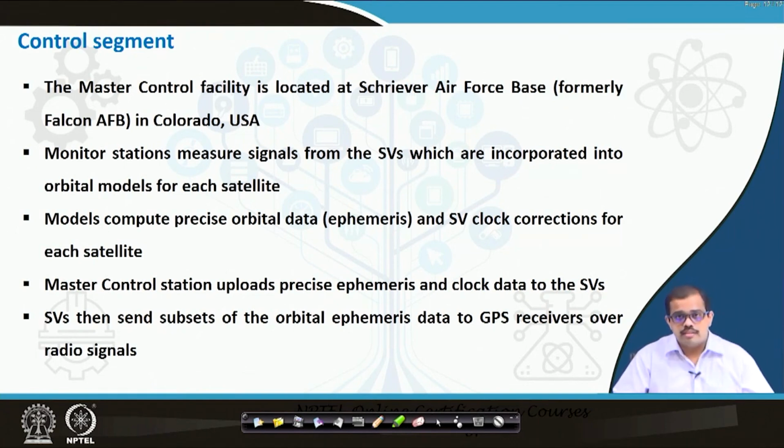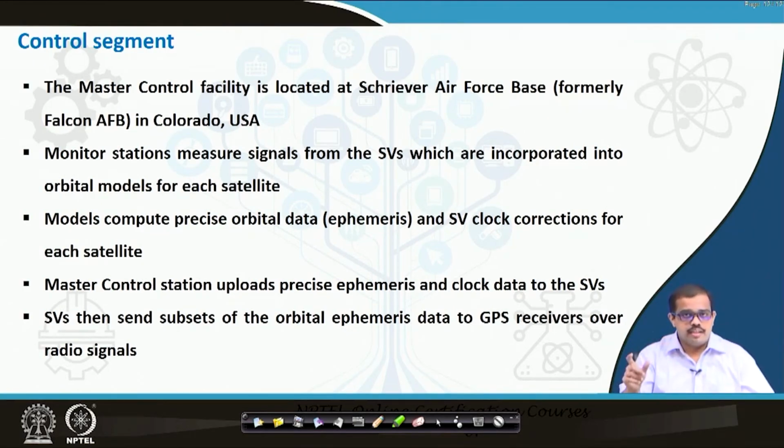Once the signal comes from the satellite or the space segment, the models compute very precise orbital data, and once you have precisely calculated the orbital data, it also calculates the satellite vehicle clock correction, so that the clock of the satellite matches the clock of the Earth's surface at that particular point.